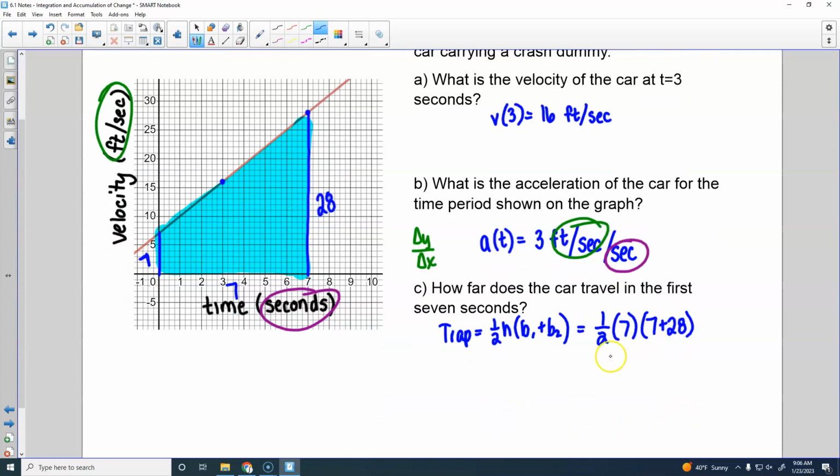And 7 plus 28 is 35, so we have 7/2 times 35. 35 times 7 is 210 plus 35, 245 over 2. Somebody might need to check me with a calculator here. 122.5.